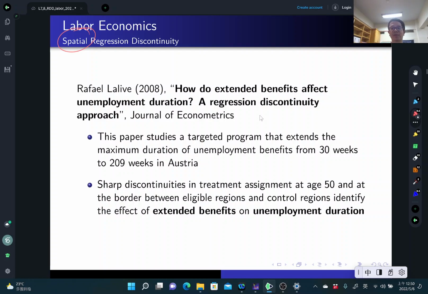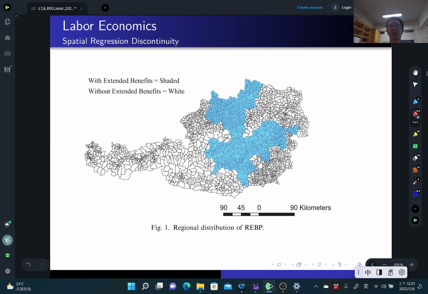Some regions in Austria extended their unemployment benefit from 30 weeks to 209 weeks, a very big increase, and some areas just kept the 30 weeks. So they use the spatial discontinuity design. The blue regions are those that extended to 209 weeks of UI benefits, and the white regions kept 30 weeks.